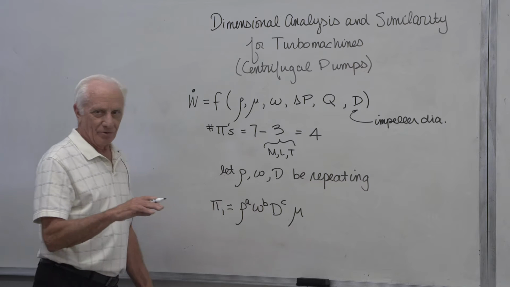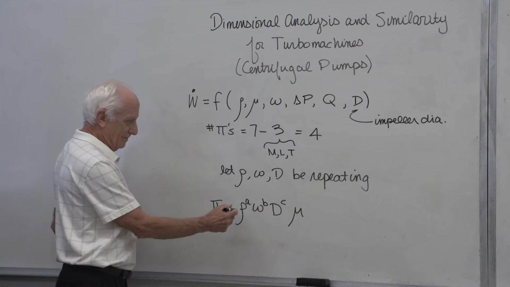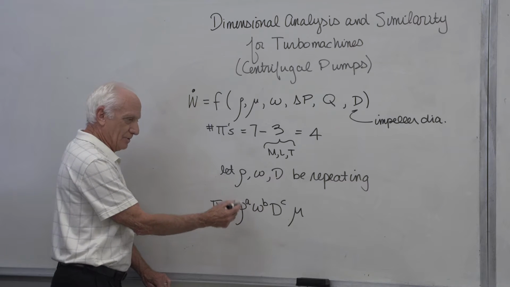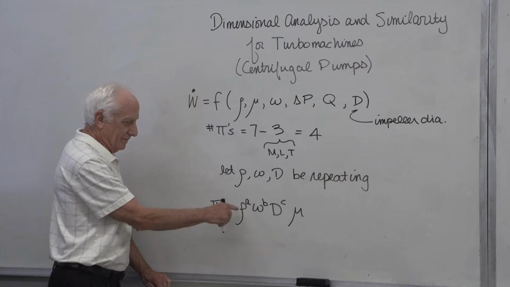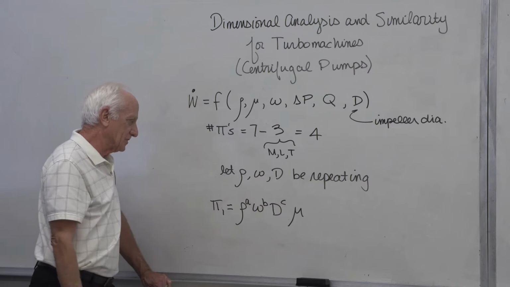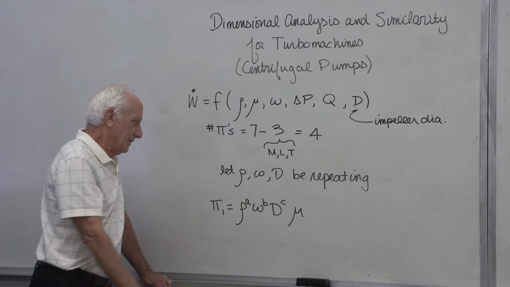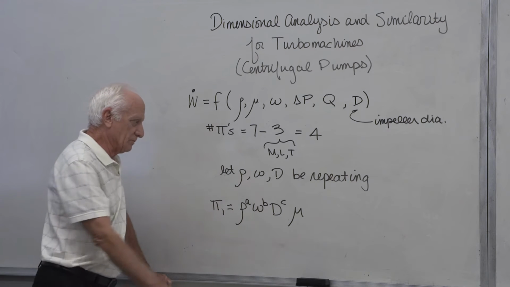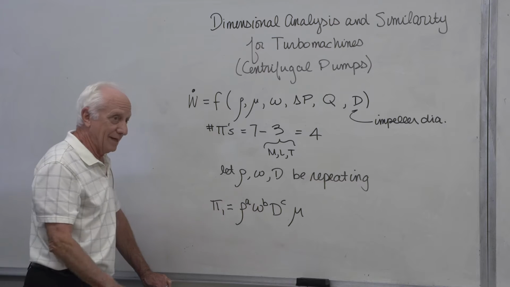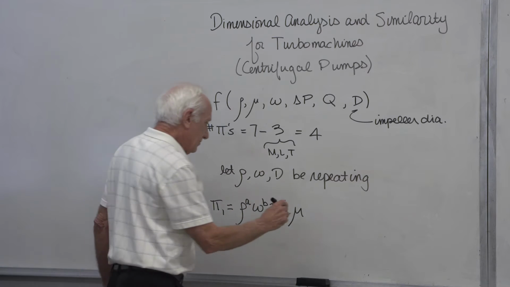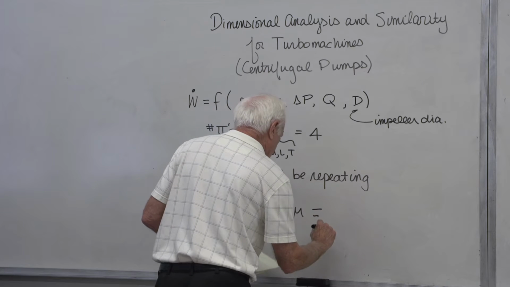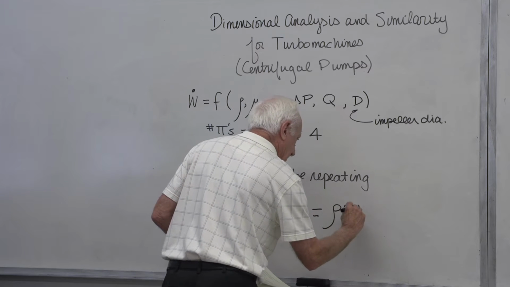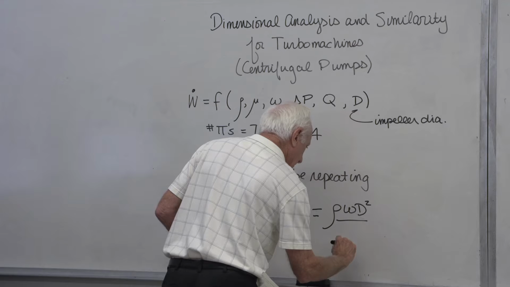I'm not going to go through all the gory details. You know what to do with that. You put this M over L cubed to the a and so on and so forth. Solve, set the exponent of mass equal to 0, the exponent of time equal to 0, the exponent of length equal to 0. Solve for a, b, and c. When you do that, you get rho omega D squared over mu.